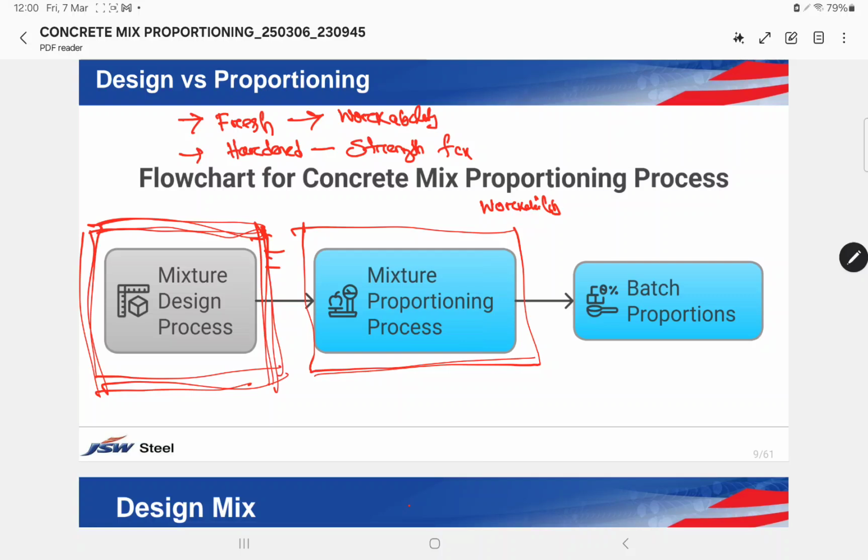And then mix proportioning means finding out quantities of all the materials. That is nothing but some sort of calculations. Also, during the mix proportioning process, you do some tests on materials to see whether they are acceptable as per Indian standards.